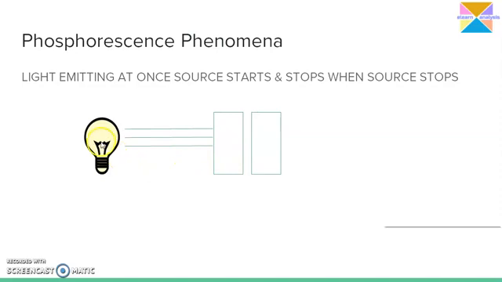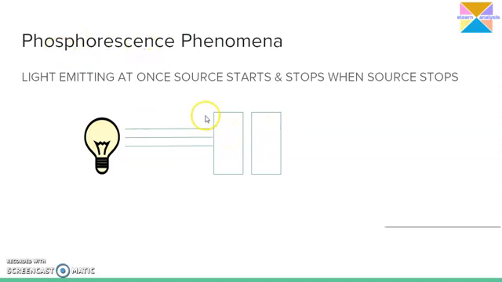So the moment we switch on this source, the fluorescence starts. The moment we put it off, the fluorescence stops. So fluorescence is an instantaneous process. The moment we switch on, the fluorescence starts; the moment we switch off this light, the fluorescence will stop.